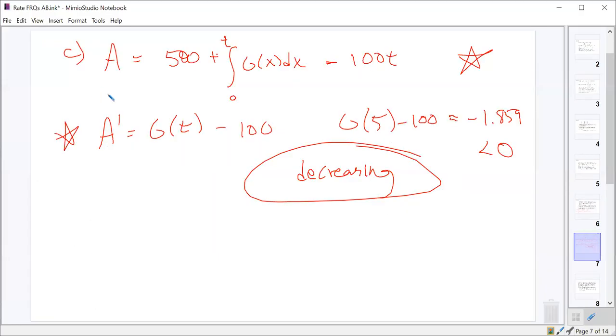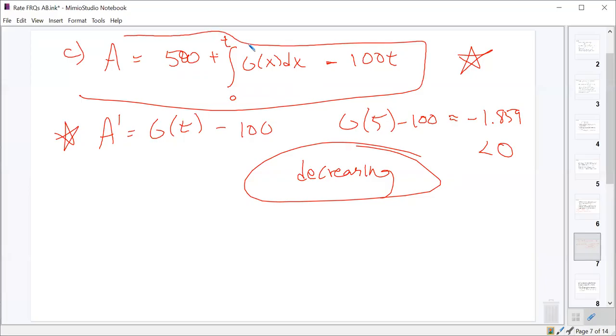We're going to need this equation right here to figure out the maximum amount. And so part D, we need to figure out when the derivative of this is equal to 0, which would be when is g of t minus 100 equal to 0, and when is that true?